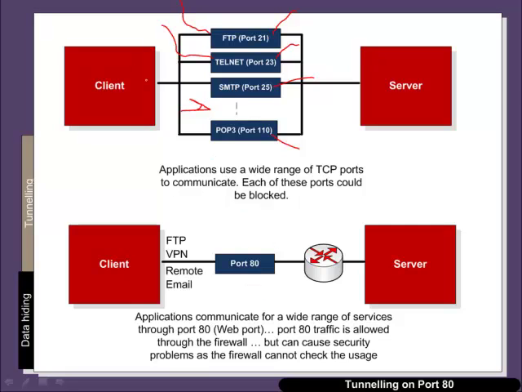Increasingly though, it is well known that port 80 is often allowed through a firewall, so increasingly protocols such as FTP, email and so on are actually tunneled through the firewall on port 80 or ports which are open.